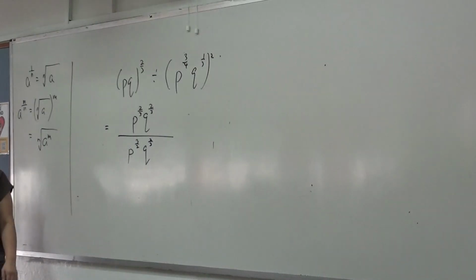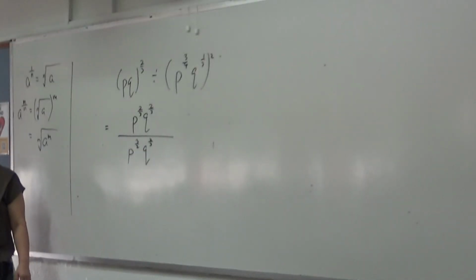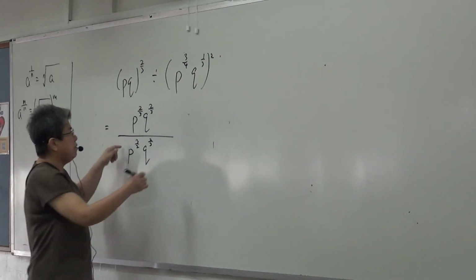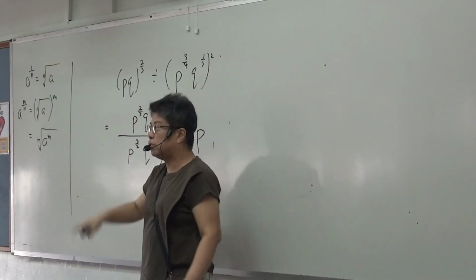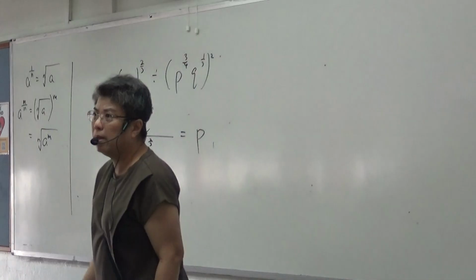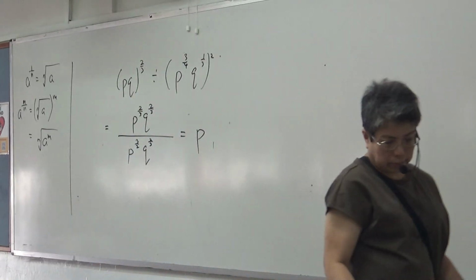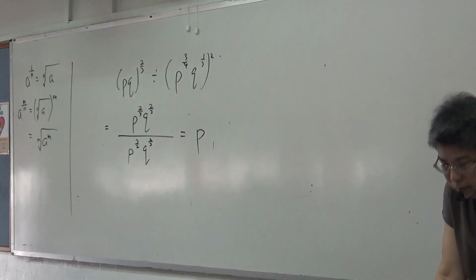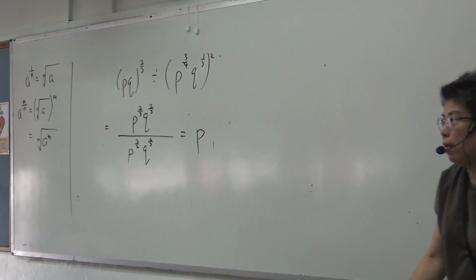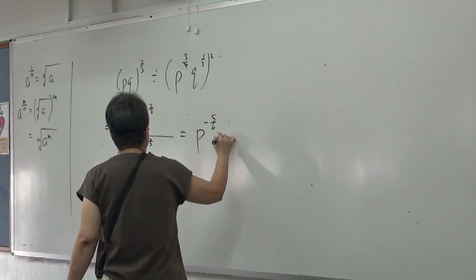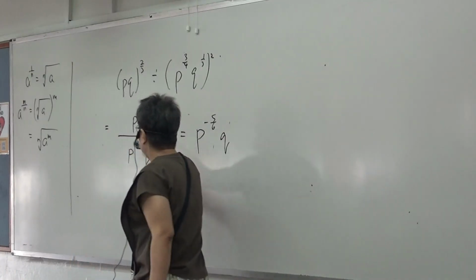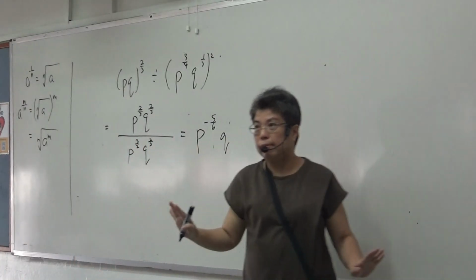Can you see it? Now, this is divide. So P will be 2/3 minus 3/2, right? P 2/3 minus 3/2. Negative 5/6. Very good.